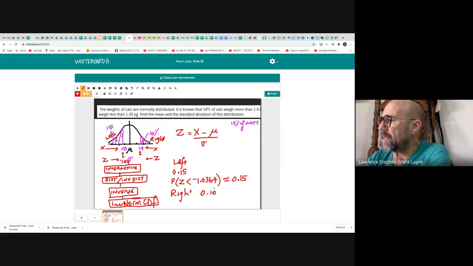This is the probability that a Z value is greater than 1.28155 is about 10%.